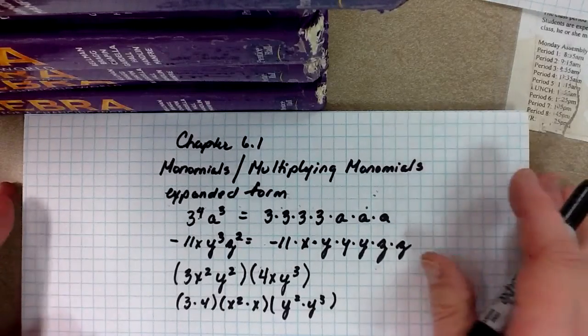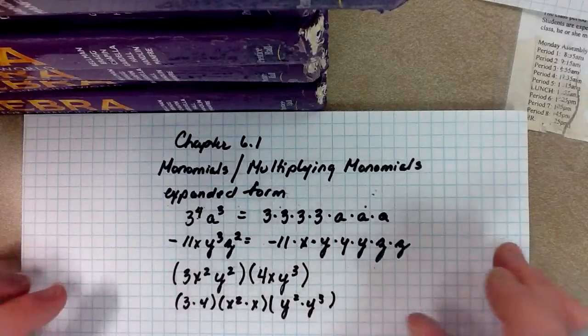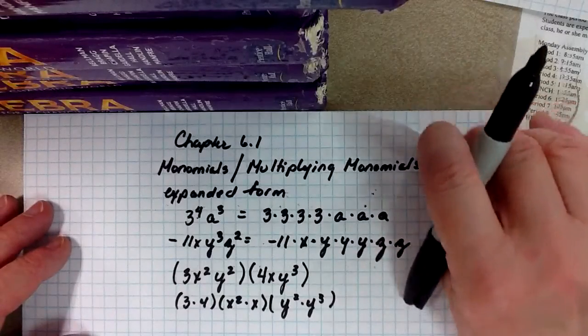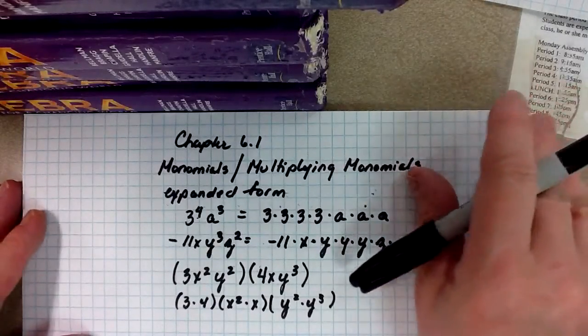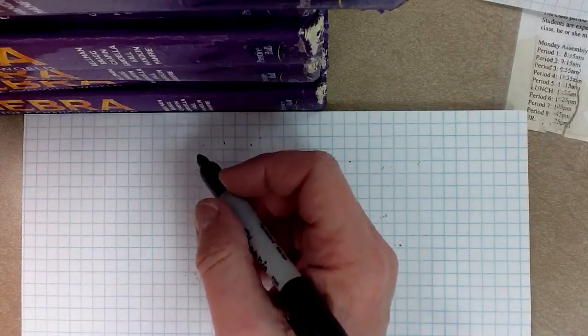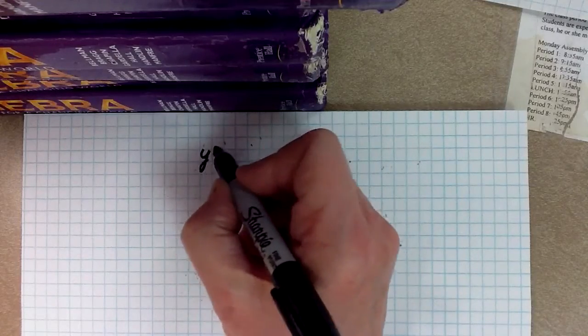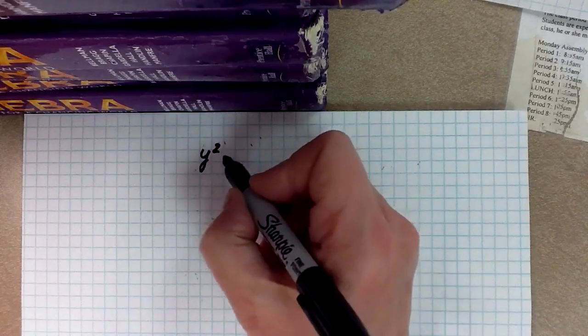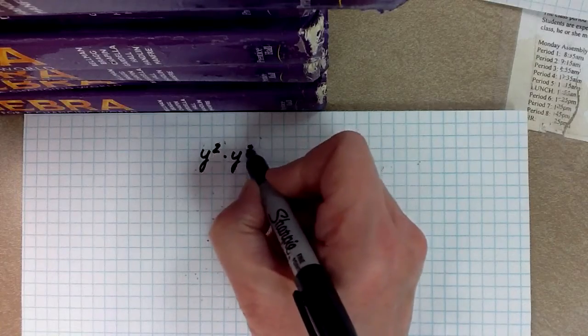All right, let's continue on here and break this down even further still. If you recall, when we were dealing with exponents last year, we talked about taking those exponents, say for example the y cubed or y squared times y cubed.